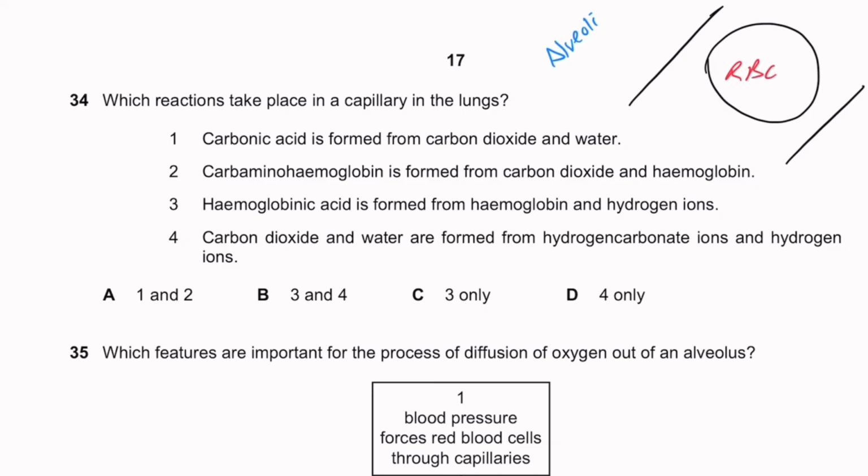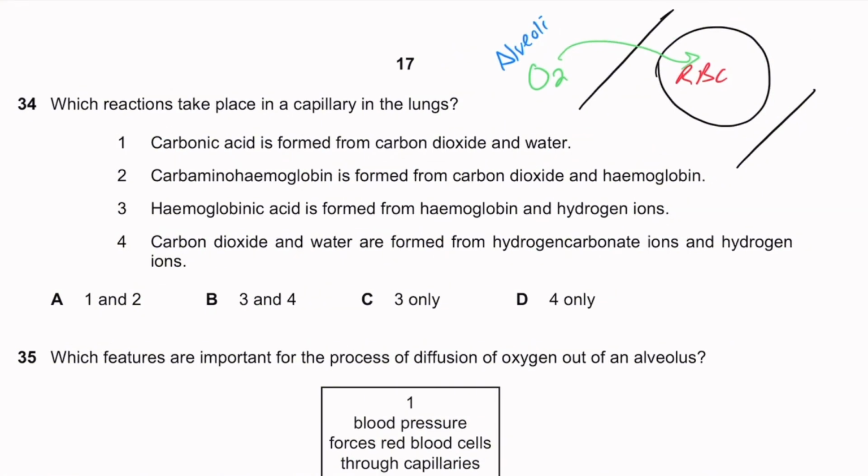Now in the alveoli we're going to have lots of oxygen. Oxygen is going to move down its concentration gradient into the red blood cell, where it's going to react with haemoglobinic acid, HHb. This is going to get us back to oxyhaemoglobin, so we're going to form oxyhaemoglobin all over again.